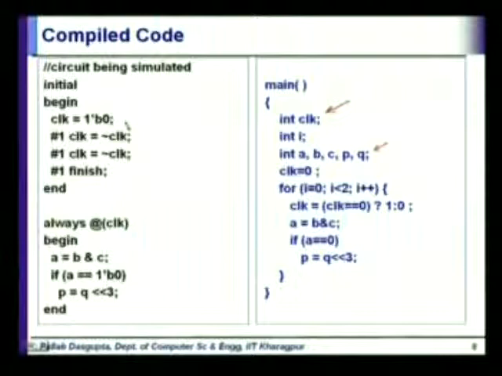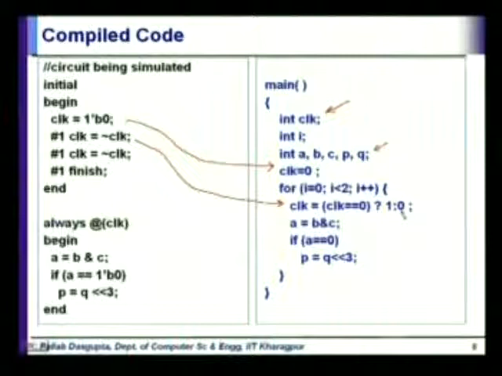Now see what happens here. We know that this is going to go through 3 time units. So we initiate a for loop which says for I equal to 0, I less than 2, I plus plus. In each iteration, what are we going to do? We are going to toggle clock. So toggling clock is done by this. You check whether clock is 0. If clock is 0, then clock's value becomes 1. Otherwise, if clock was 1, then it will become 0.